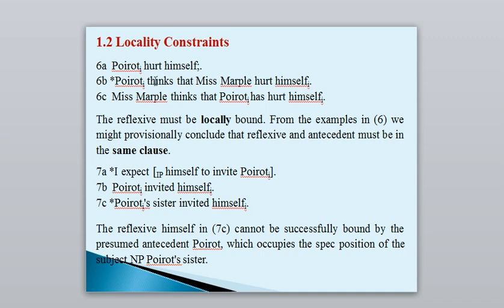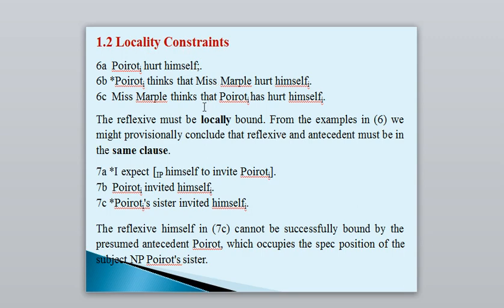So we don't have the locality condition here, because between these two NPs, there is another NP, Miss Marple. Himself cannot come back to Miss Marple. Why? Because Miss Marple is a feminine noun and himself is a masculine noun. So himself should come back to the Poirot in the first part of the sentence. But if it comes back to the Poirot, there is no locality constraint. So we can say that this sentence is ungrammatical because of the locality constraint.